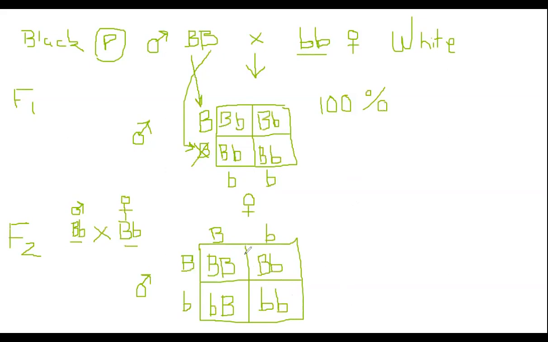In other words, every individual that's produced as a result of this monohybrid cross has a 1 in 4 chance, or as Andrews put it, 25% chance of being this genotype.